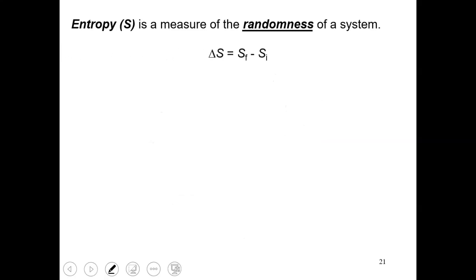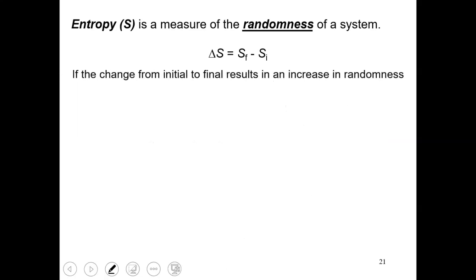So if we consider entropy to be a property that depends on the state, delta S would be final minus initial. If the change from initial to final state results in an increase in randomness, like the vaporization of a liquid or the increase in temperature of a substance, then the final state will have greater entropy, and therefore it'll be a positive entropy change.